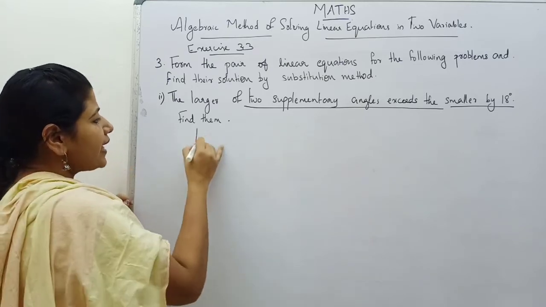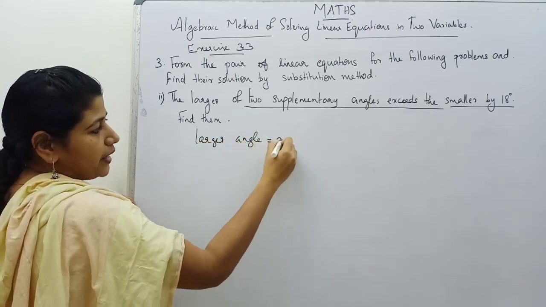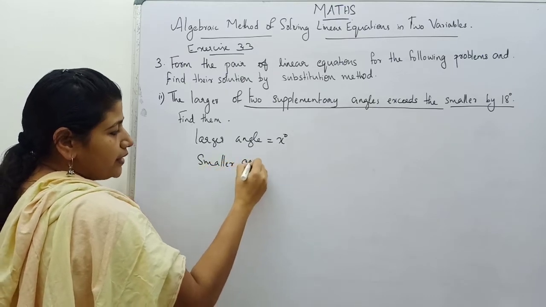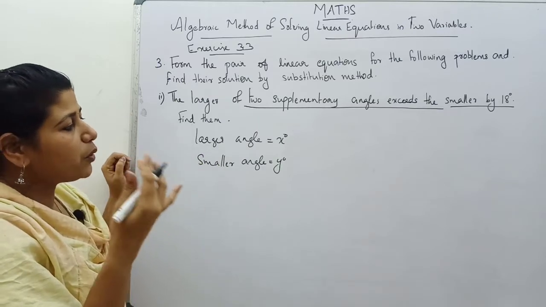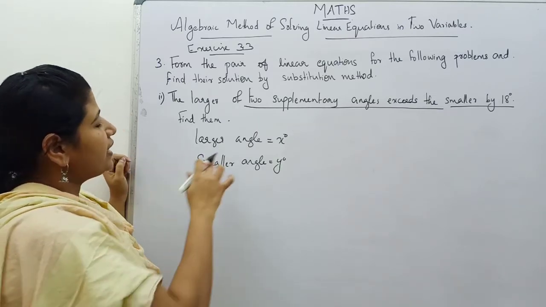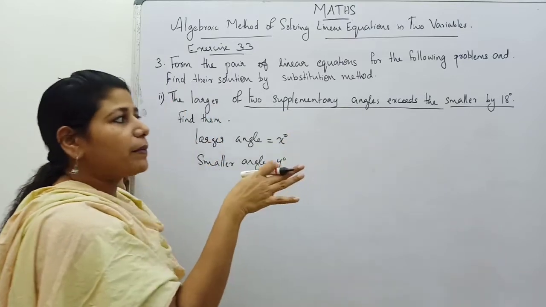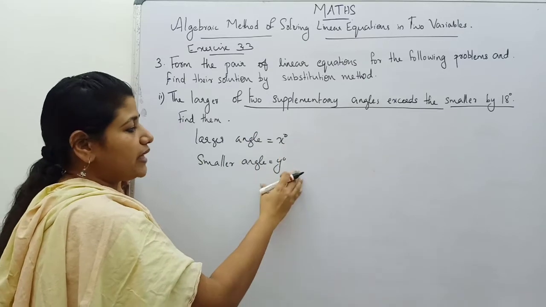If the larger angle is x degree and the smaller angle is y degree, what is the difference? The larger of the two supplementary angles exceeds the smaller by 18. That means the larger angle will be 18 degree more than the smaller one.